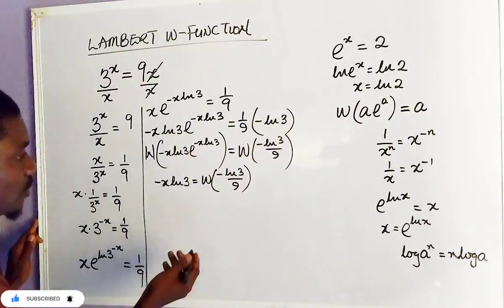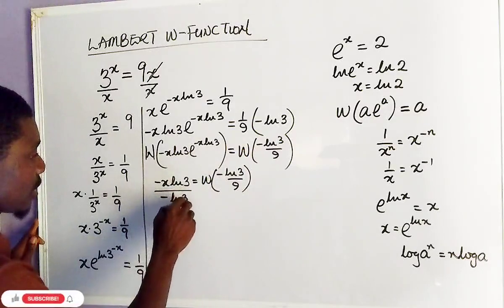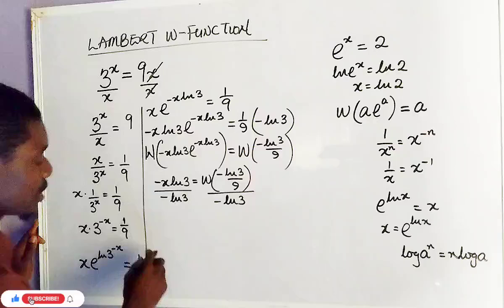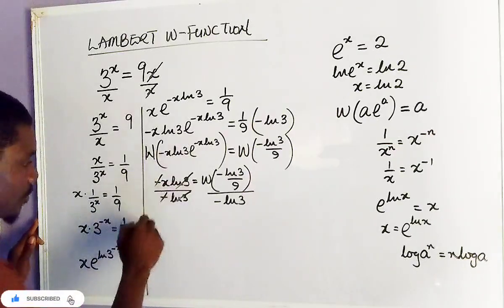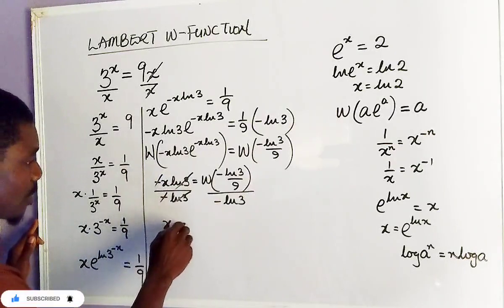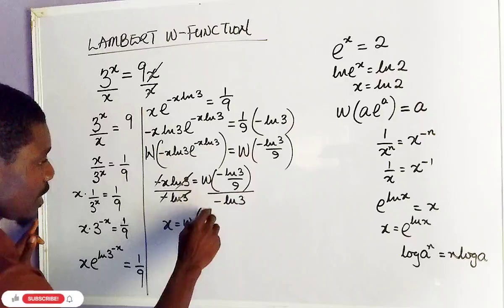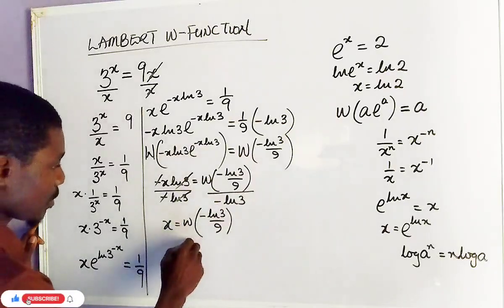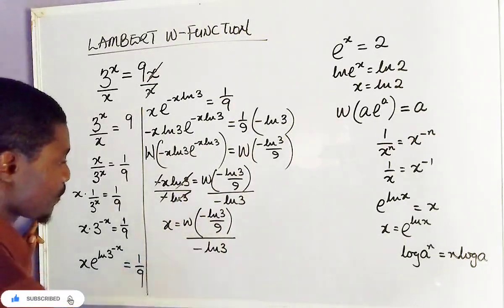Okay, now let us divide both sides by negative ln 3, so our x now becomes W of negative ln 3 all over 9, then all over negative ln 3.